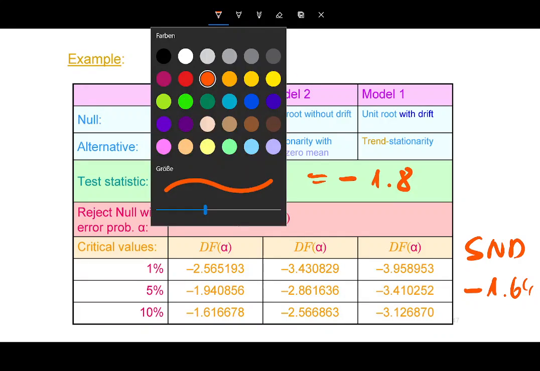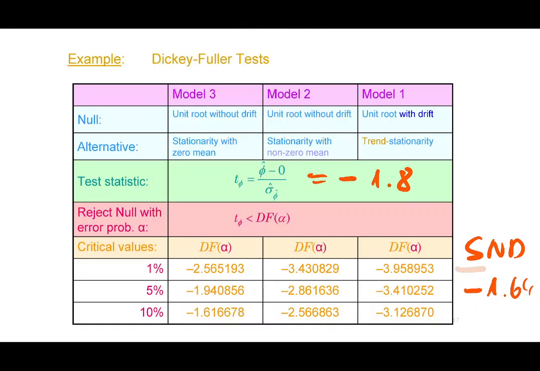You would reject the null hypothesis if you use the standard normal distribution, because it's less than the 5% quantile of the standard normal distribution. So you would establish stationarity, guys, but you would establish it way more often than you should, because the critical value is negative 2.9 and you have negative 1.8. You understand what I'm saying? So from the perspective of the second model, that is a huge issue, guys.